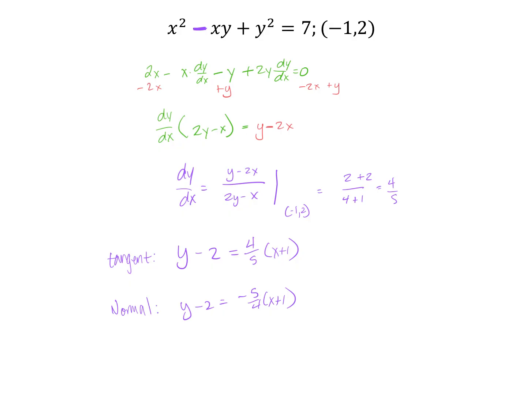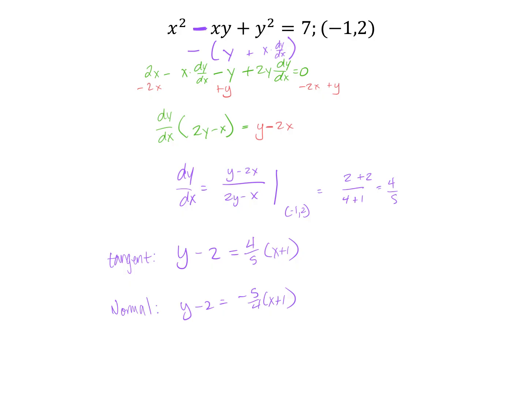A lot of times people will do minus, and then they'll do the product rule, which is great. If I did my product rule, I would have y plus x dy/dx. But if I'm doing that, I'm subtracting the entire derivative, and I would need parentheses around that derivative, which would distribute.